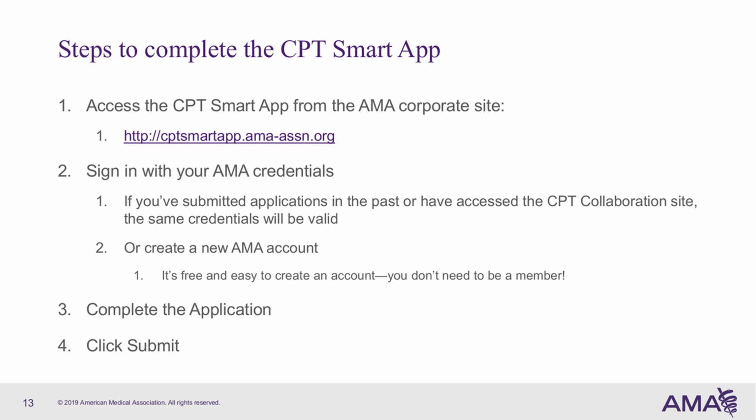If you're new from industry or want to add a new staff member, we give you the quick link to the AMA corporate site right there to create an account. An account is free. You don't need to be an AMA member, and you don't need to be a physician to create an account. So once you get in, you work on your application, and then you just submit, and you're part of the process. So it's pretty easy to access the CPT Smart App.